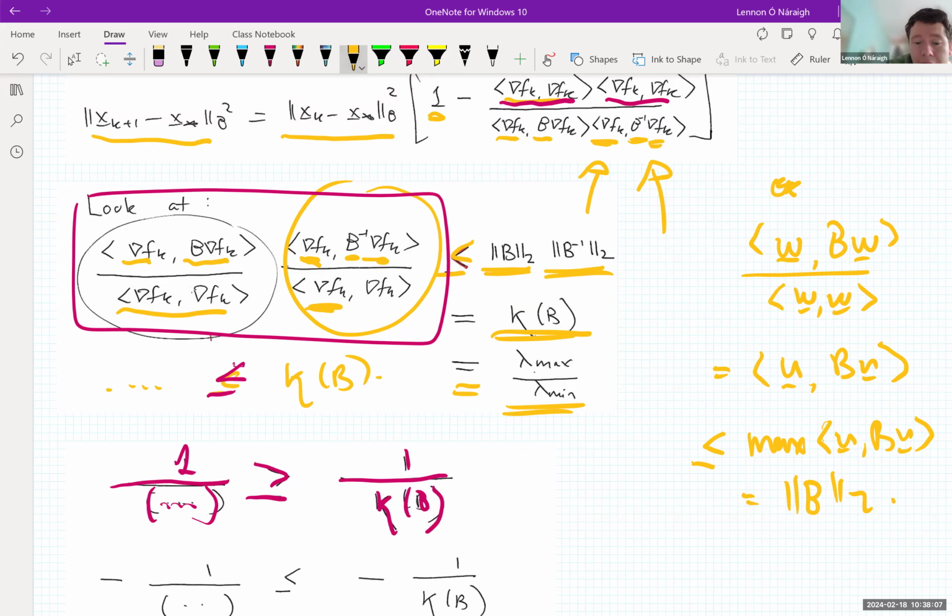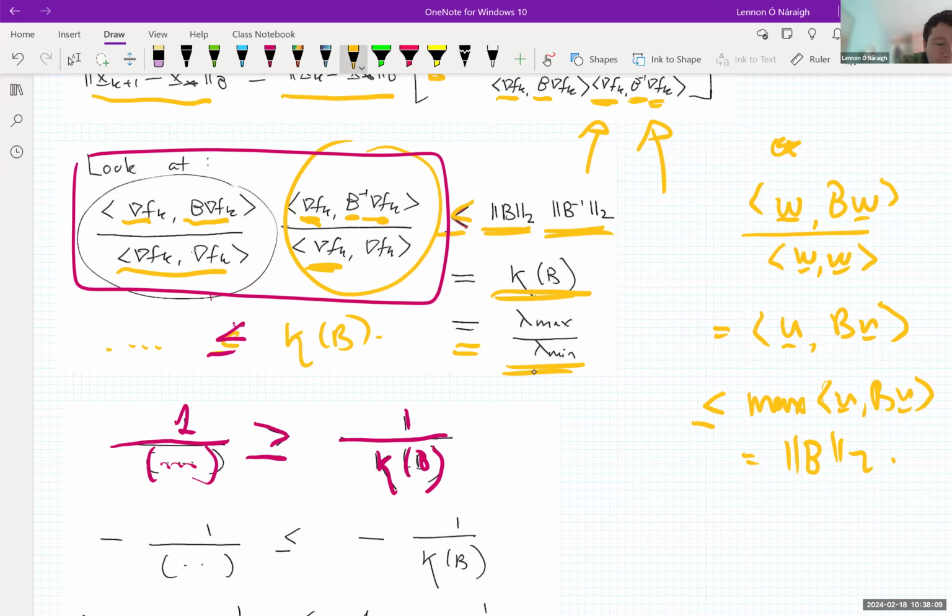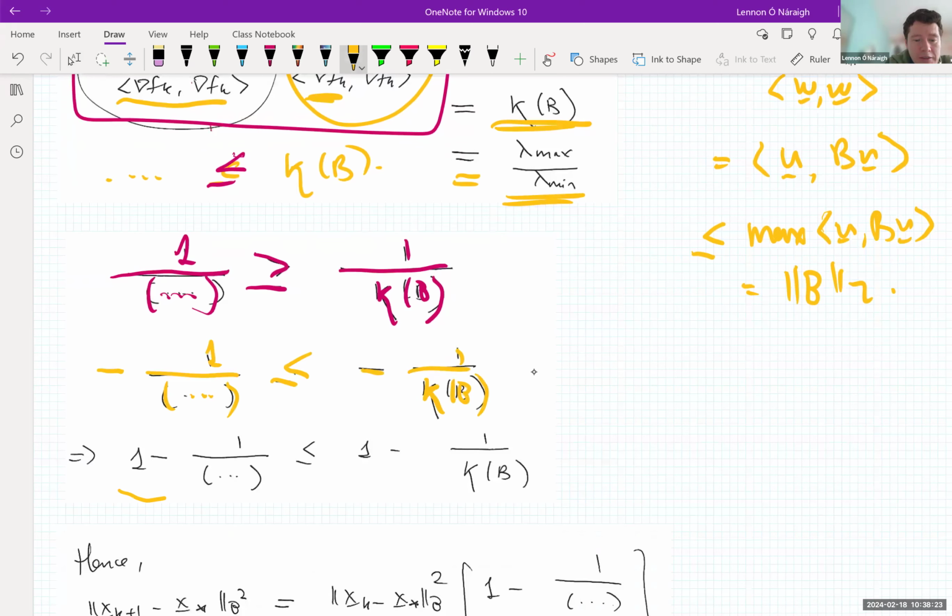But if I were now to multiply both sides by minus 1, the direction of the inequality reverses again. And if I add 1 to both sides, the direction of the inequality is again less than or equal to.